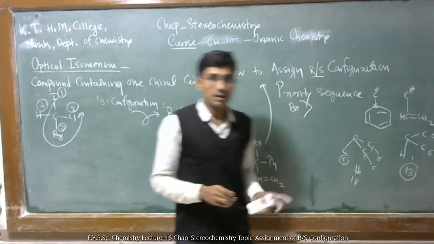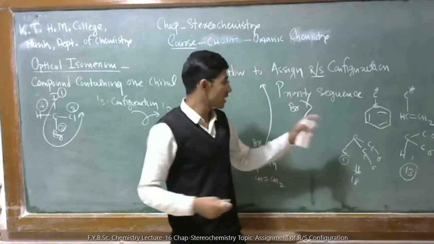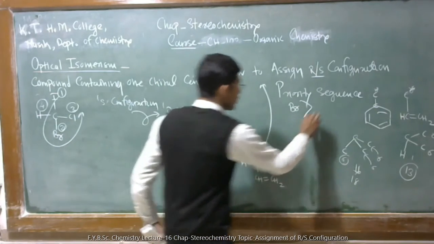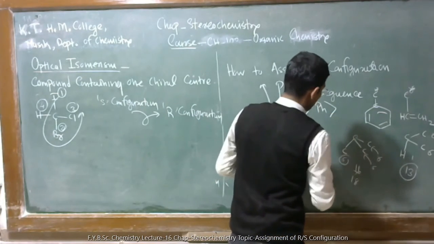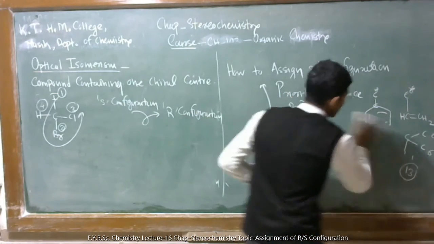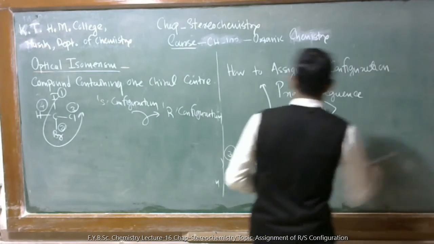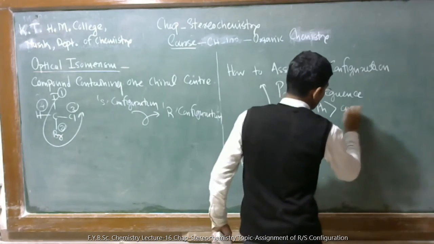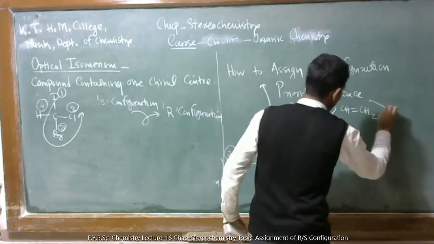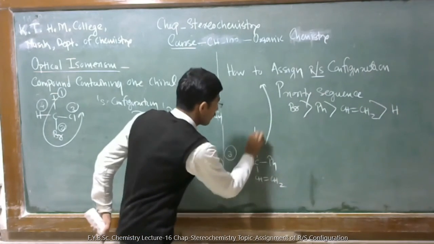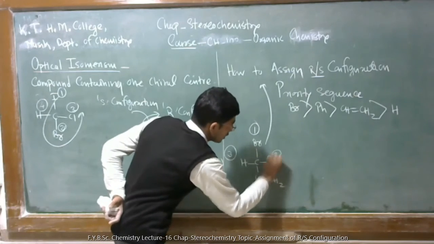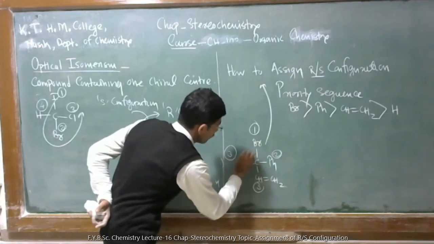So by considering the next set of atoms, we can say that this phenyl group gets the first priority over this group. This CH2 group gets the third priority, while H has the fourth priority. So this has the first, this has the second, this has the third, and this has the fourth.